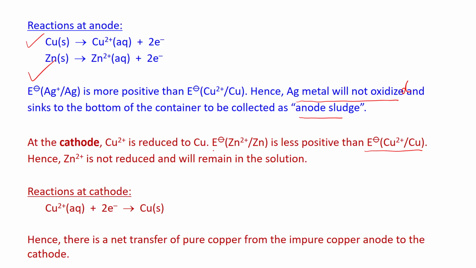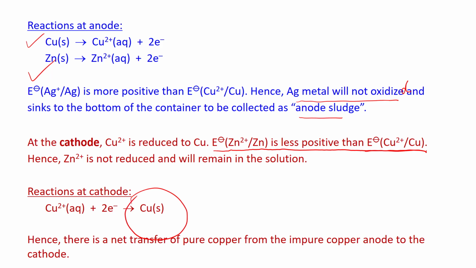Of course you can say that the reduction potential for Zn2+/Zn is less positive than that of copper. So this means that the zinc 2+ will not be reduced, it will just remain in the solution as aqueous ions, as the copper 2+ gets reduced to form copper at the cathode.